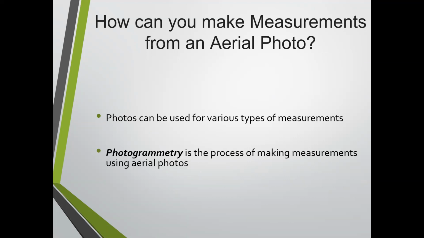This process is what we call photogrammetry. Basically, photogrammetry means photo measurement, literally. It's used to determine things like the height or depth of objects, but also distances across that photograph.